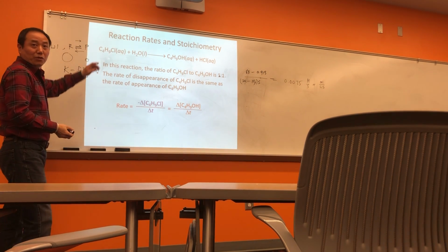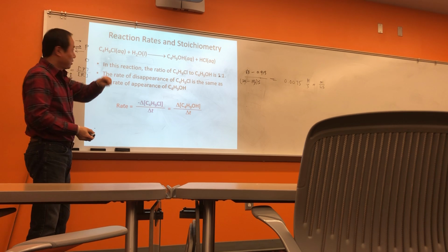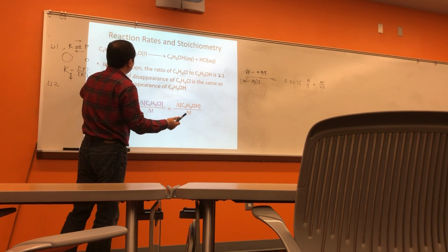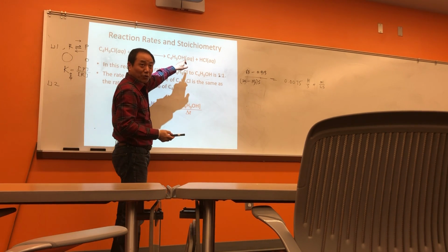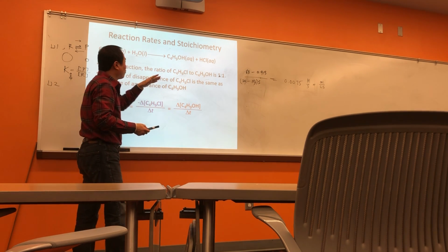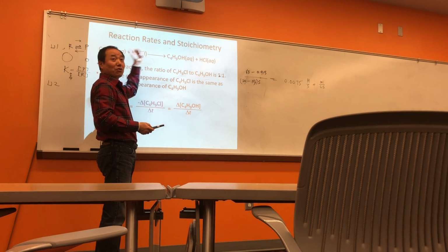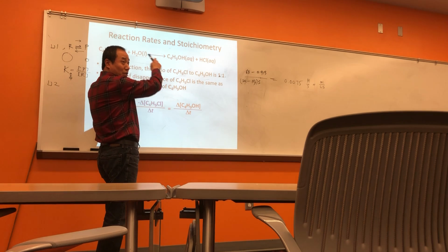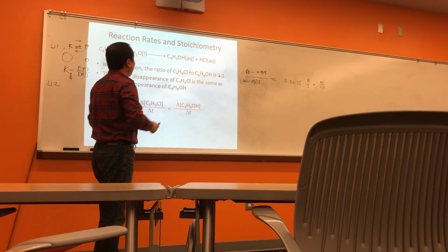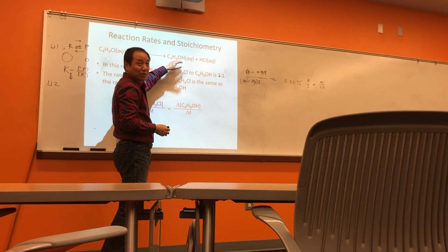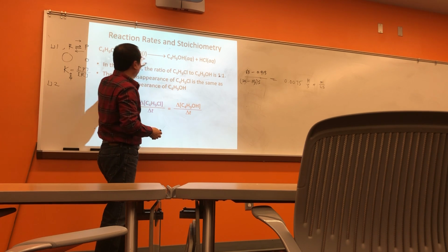So this is relevant to what you asked. You could monitor any of the molecules, because sometimes it's easier to monitor one molecule than another. You can choose any one, that will be fine. Maybe this one has a vivid color, I'm just making it up, or this is a gas somehow.